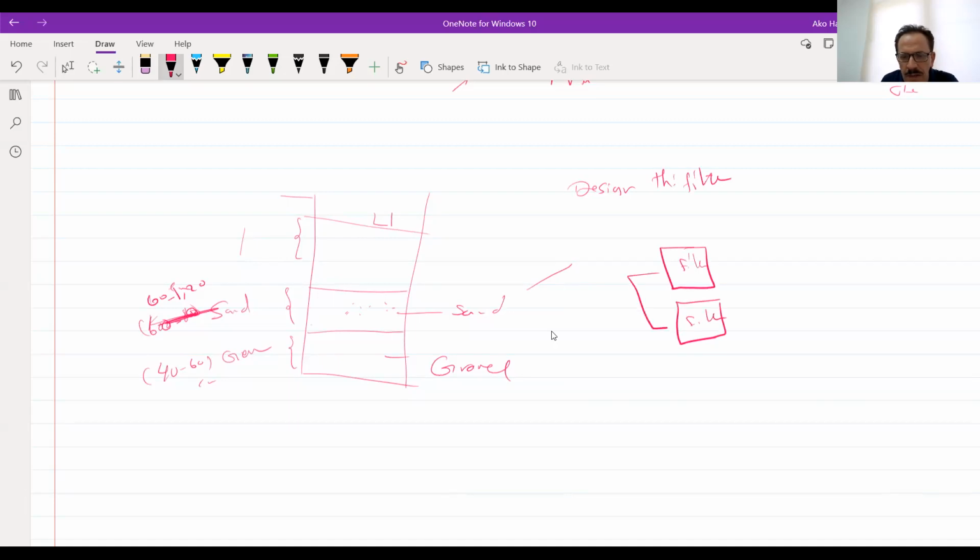Why do we need at least two? Because one is working and the other is standby. You need to have a standby, and you need to have washing. So if the filter is working, then this one is standby. This one will be used for backwashing.